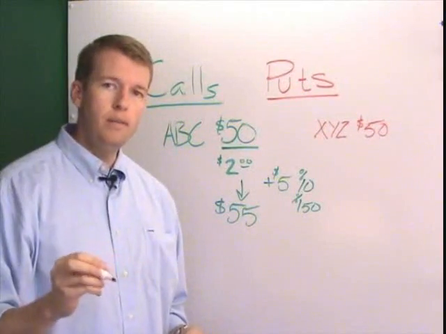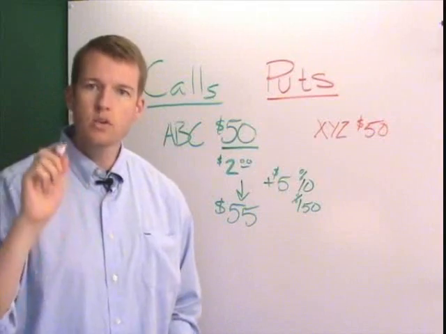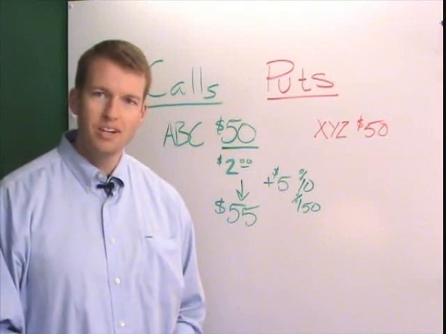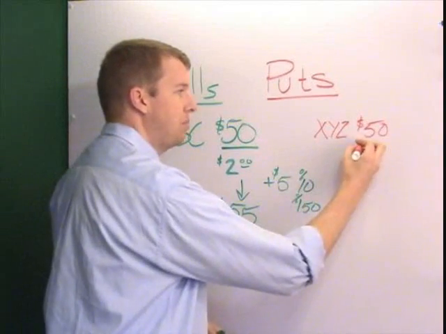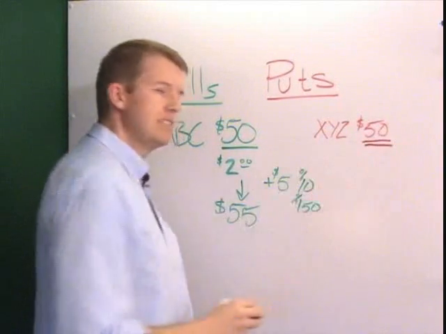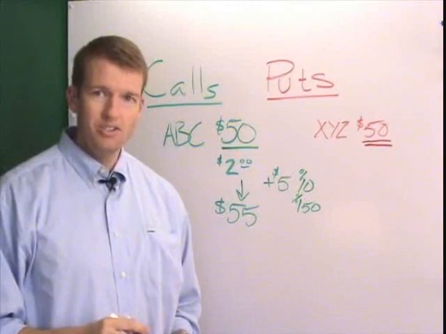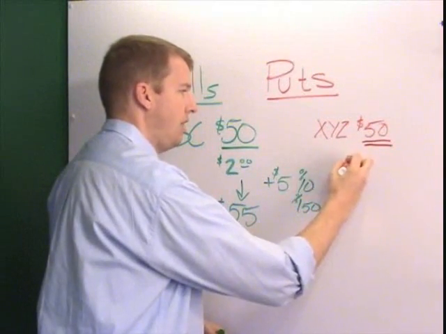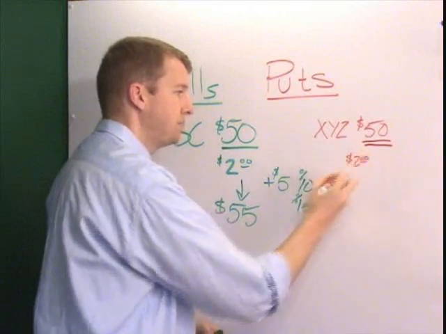So you could buy a put. Now the put conveys the right to sell the stock for a set price in the future. So in this case, you buy a put that gives you the right to sell the stock for $50 in the future, and let's say that particular option costs you $2 per share.